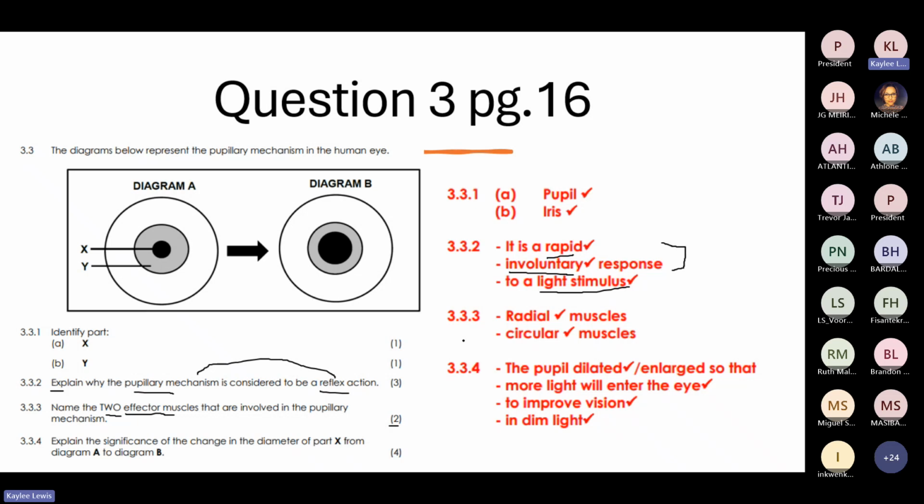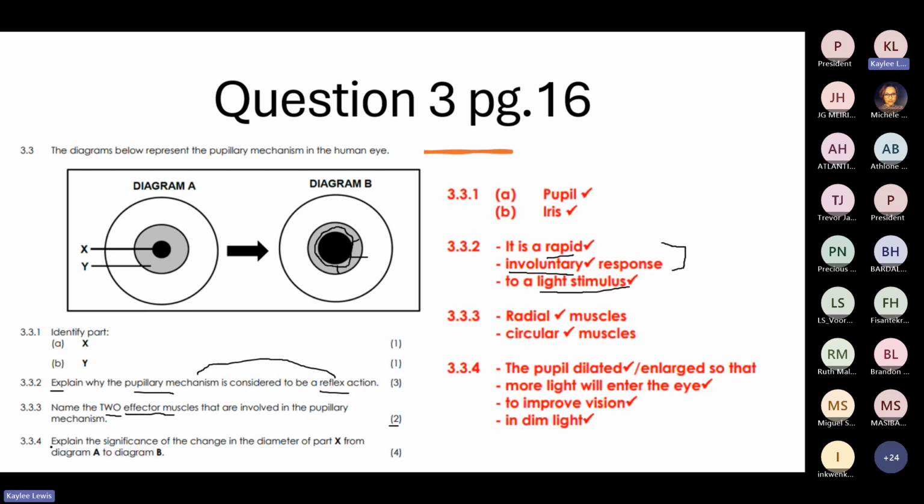Remember, ciliary muscles have to do with accommodation, so controlling the shape of the lens. Circular muscles are in the iris, and so are radial muscles. So the radial are the ones that go out, and the circular are the ones that go around. Sorry, it's hard to draw that. Okay, so that's the answer for 3.3.3.